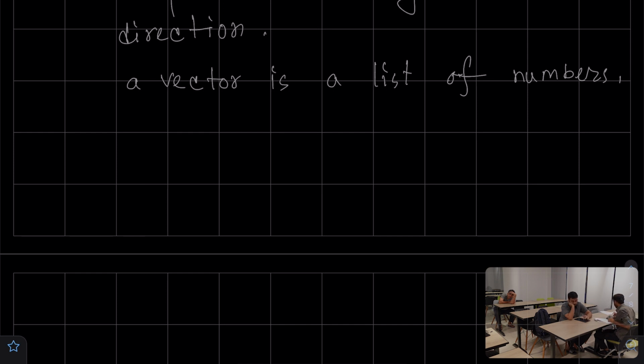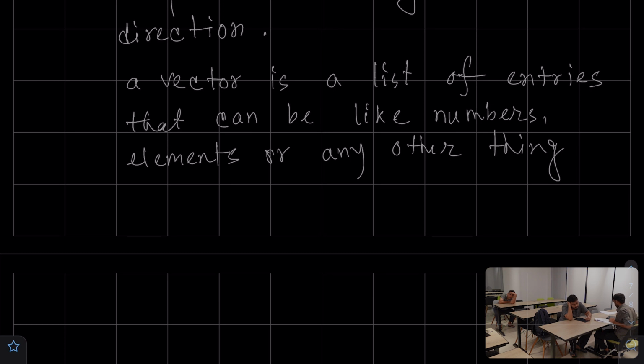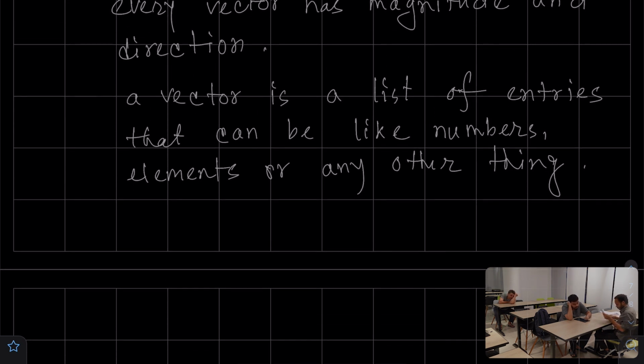It could be, sorry, not pure numbers; I defined it in terms of a list of entries that can be numbers, elements, or any other thing. Now first let us define what we mean by list.